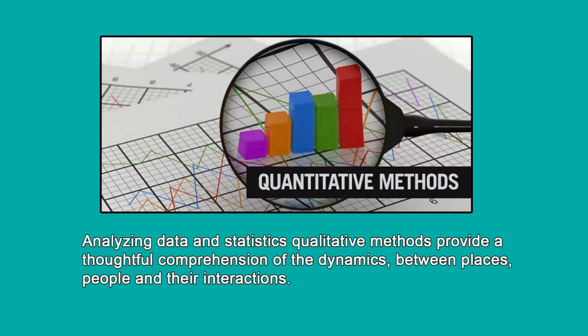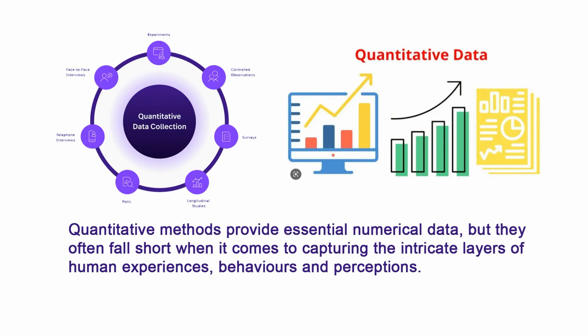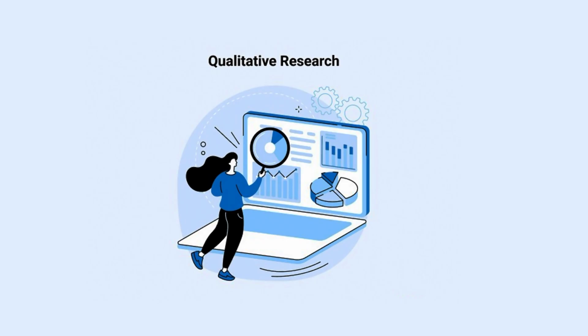and their interactions. Quantitative methods provide essential numerical data, but they often fall short when it comes to capturing the intricate layers of human experiences, behaviors and also perceptions. Qualitative methods address these gaps by offering a holistic understanding of the why and how behind urban dynamics.